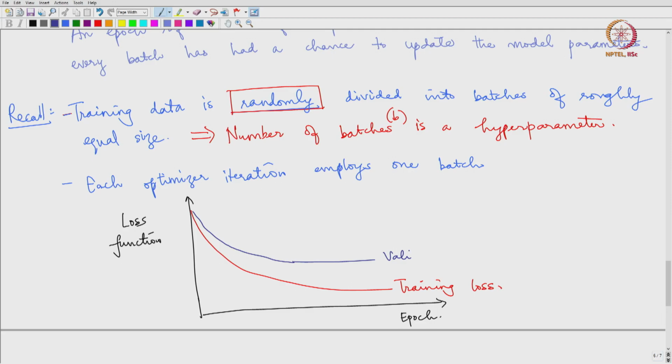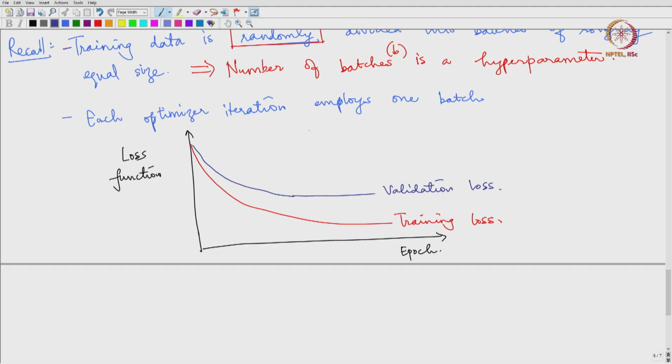So, this is the validation loss. Of course, the plots I am drawing here are only representative, they may or may not represent what happens in your case.